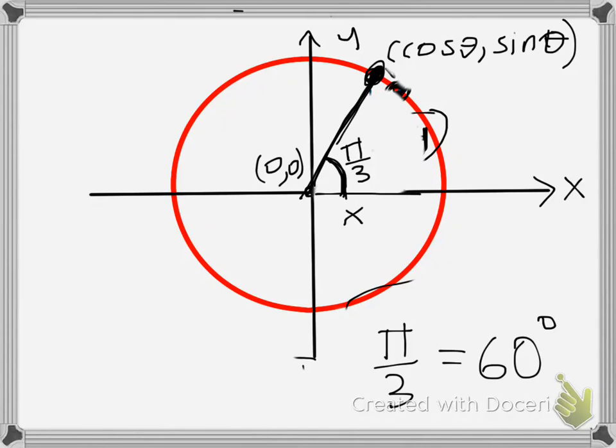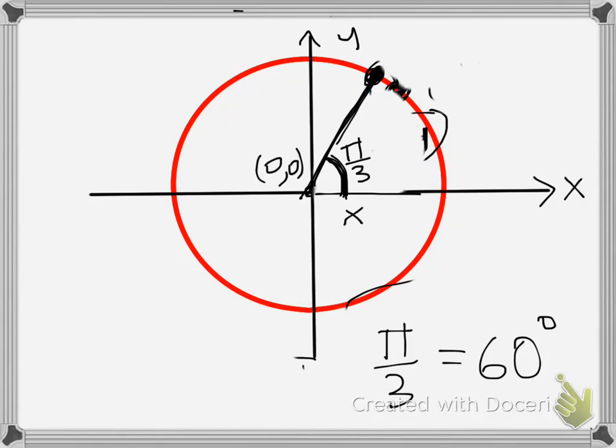Well, the cosine of 60 is 1/2, and the y-coordinate would be the sine of theta, which is sine of 60, which is square root of 3 over 2. So the coordinates of that point are 1/2 comma square root of 3 over 2.